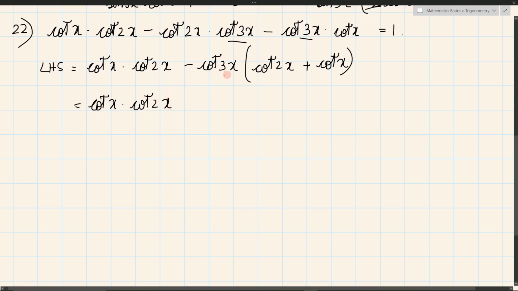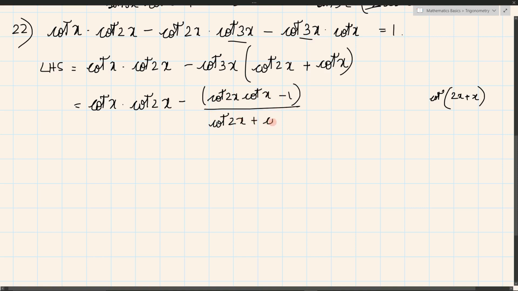So I'll write cot 3x as cot of (2x + x), right? So this will be equal to minus, as it is 1 minus cot... sorry, so I have cot 2x into cot x minus 1 whole divided by cot 2x plus cot x, multiplied by cot 2x plus cot x.